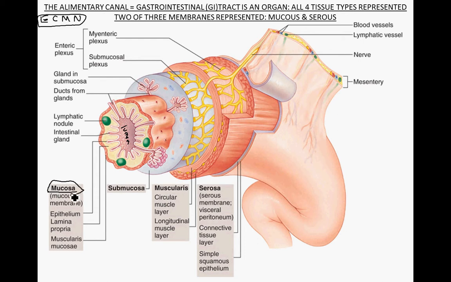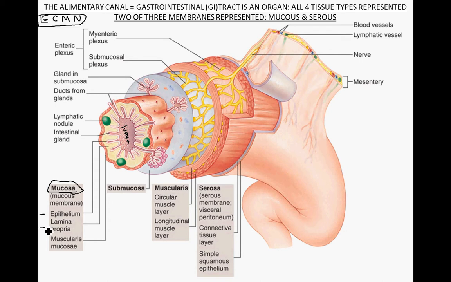Here we see the epithelium layer, and in the esophagus that would be stratified squamous. In the small intestine, it changes to a simple columnar epithelium. Depending on where you are, the epithelium type will change, but it will still be an epithelium. There's a lamina propria, or a basement membrane, just underneath that.